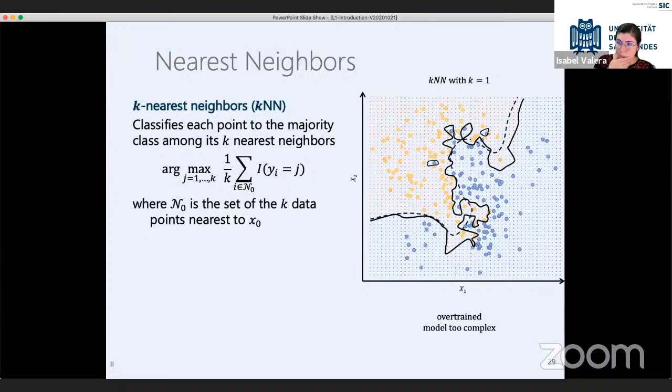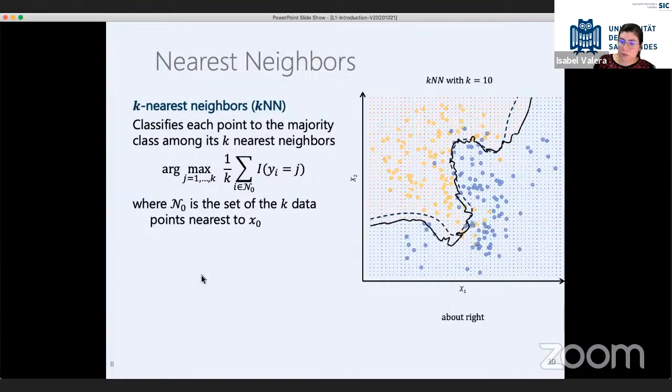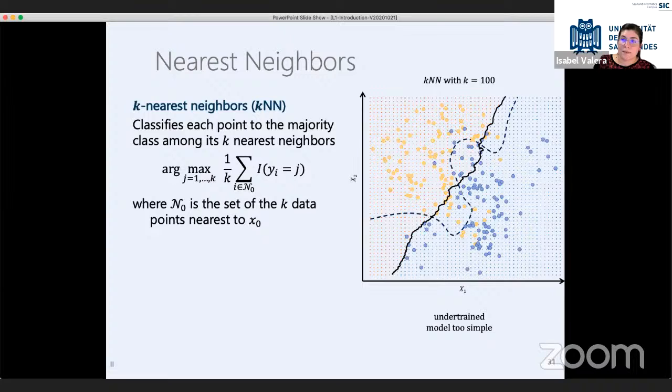So you can play a bit with the flexibility of the model, as you can see, by changing k. Here we have k equal 10, hopefully. And here you have k equal 100. Basically, the more neighbors I look at, the less flexible the model.